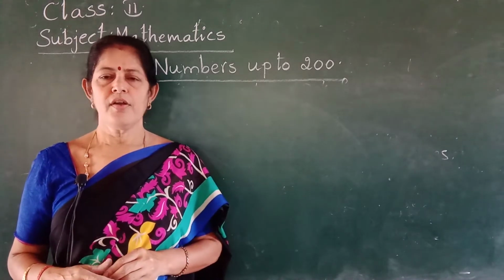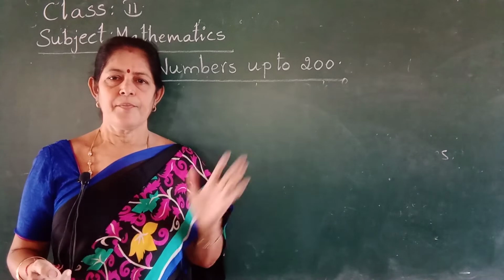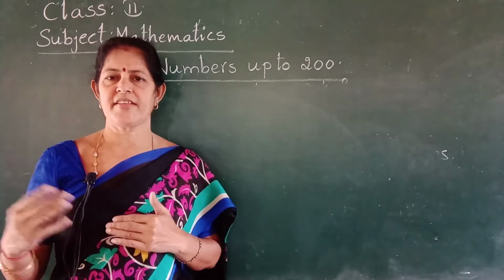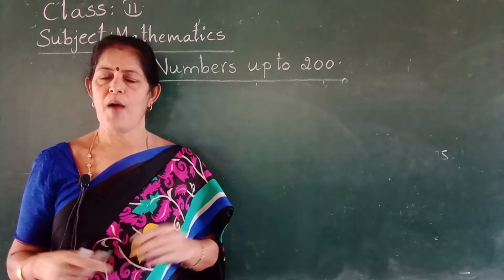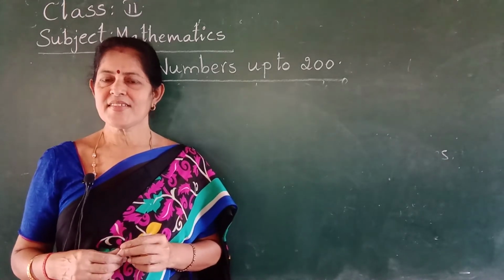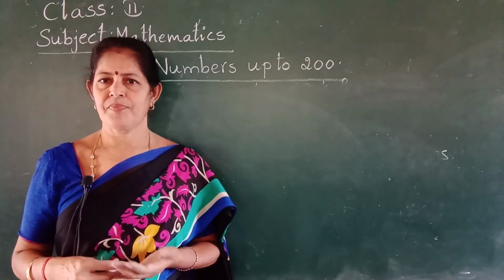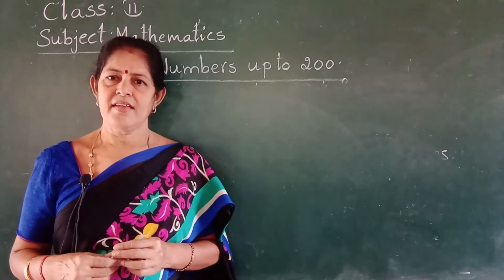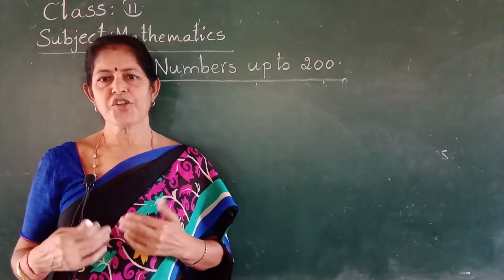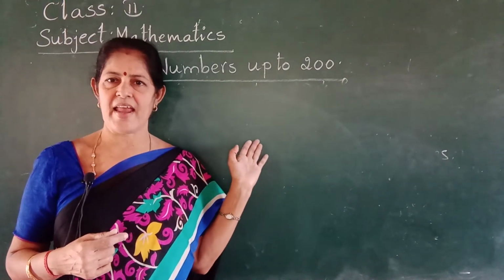Face value, place value, expanded form: we separate the given number into hundreds, tens and ones. Short form: we put together the number. Predecessor means the number which comes just before the given number. Successor, the number which comes just after the given number. Okay? These all I told you in the previous classes.